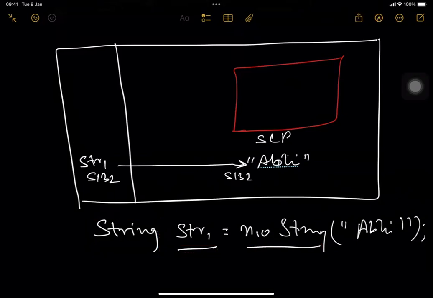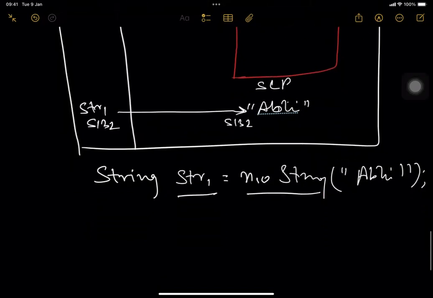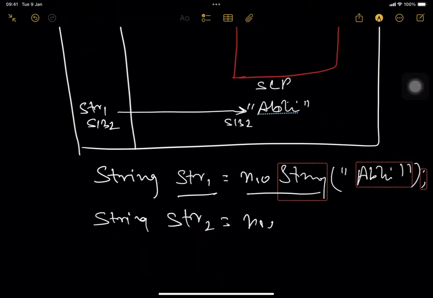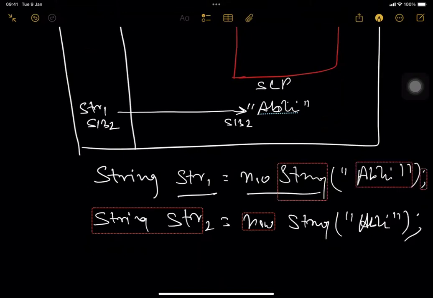Now you will again create a String str2 equal to new String("abhi"). Same content. What will happen? Can any one of you guess an answer? I think this will create a new object instead of referring to the old one.